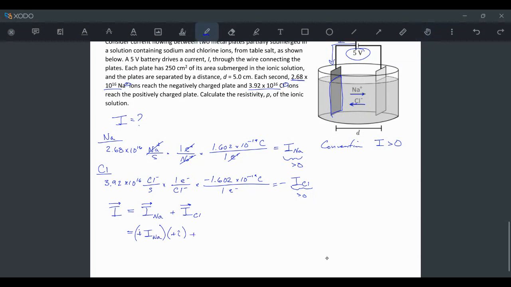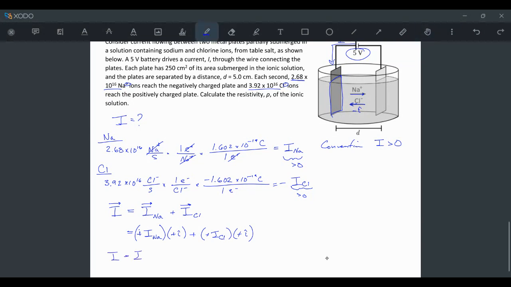We can do the same thing for the current carried by the chlorine. It's pointing to the left here. This is minus I hat for the chloride. And now we see that these minuses multiply together, they'll give us pluses. We can drop the vector notation because the vector notation really just told us if we should add or subtract.